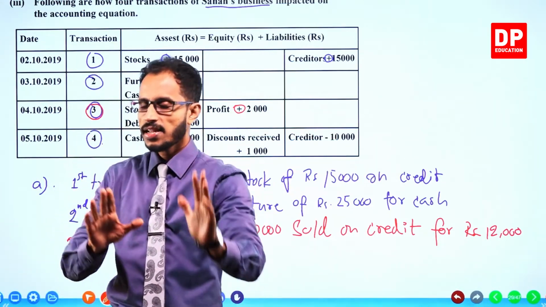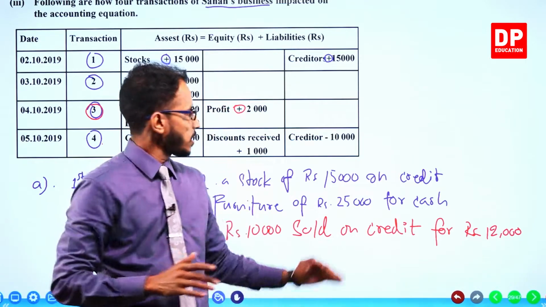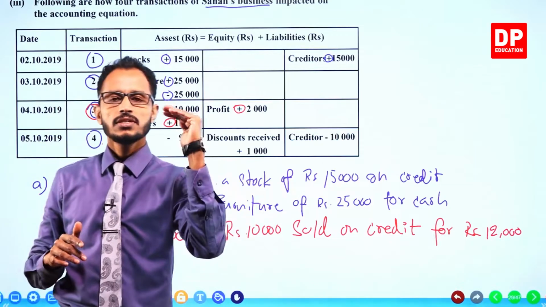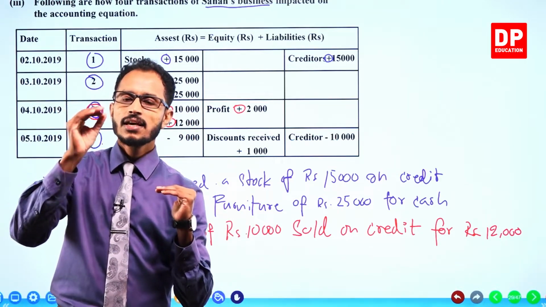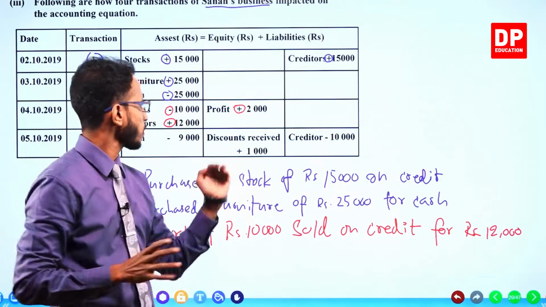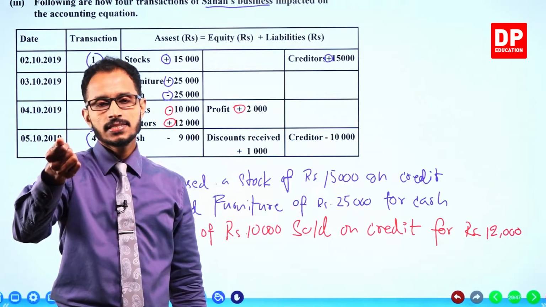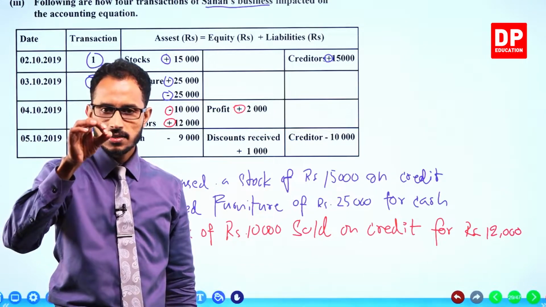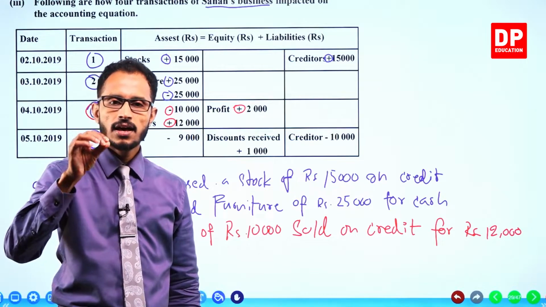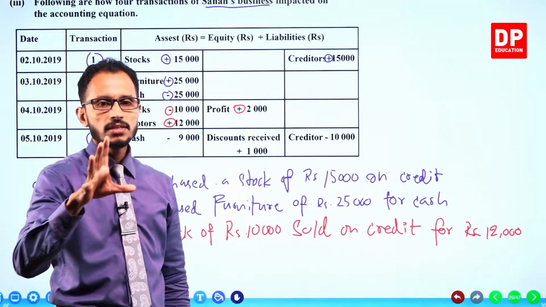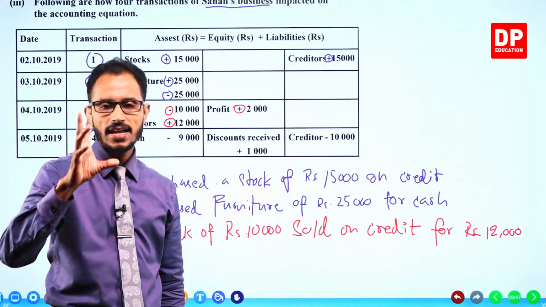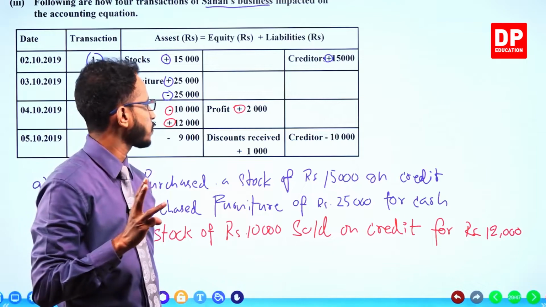So you can write it like this: 9,000 cash decreased, 9,000 rupees paid to creditors to settle their debt. We have paid 9,000 to creditors.